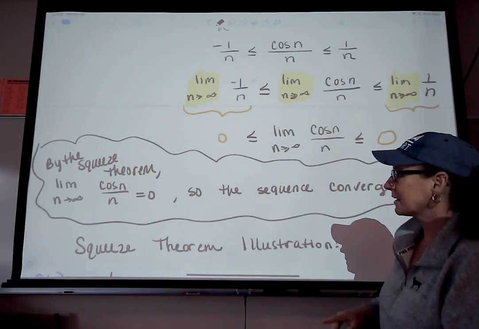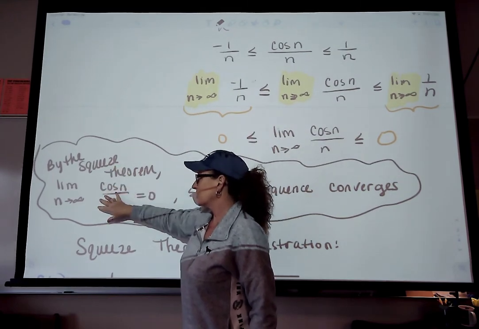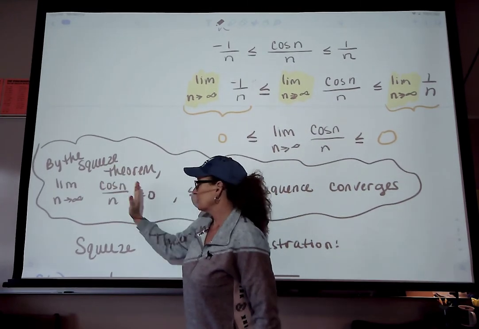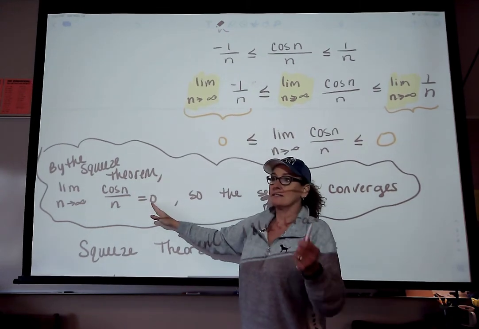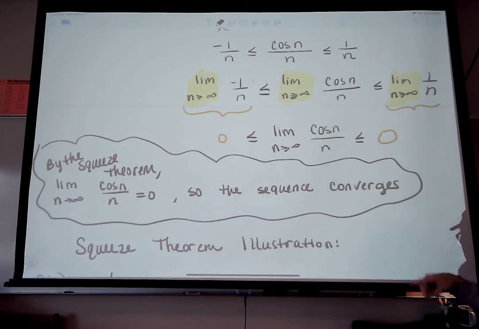That's what our answer looks like. We have to be able to say that we used the squeeze theorem to determine that the answer to this is 0. And since the answer to this is 0, I can say, okay, yeah, the sequence does converge.